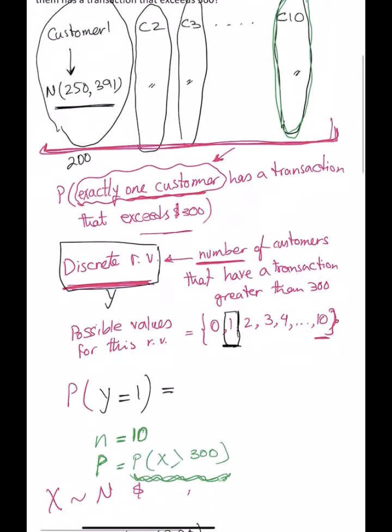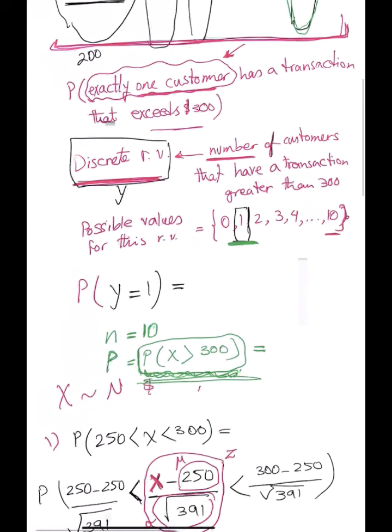When we run that experiment, if we find the transaction is greater than 300, then we call that experiment a success. So here I want to see what is the probability that only one of these 10 experiments leads to a success. And success means having a transaction that is more than 300. So if I want to find the probability of success, I have to find this probability.